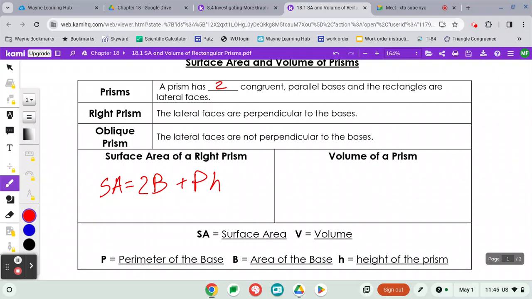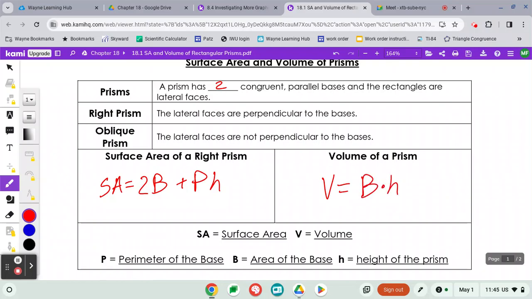If I would stack that up, whatever the area of the base is times the height, the distance from one base to the other. Even if I turn it on its side, it's still times the height. So for volume, volume equals the area of the base times the height.